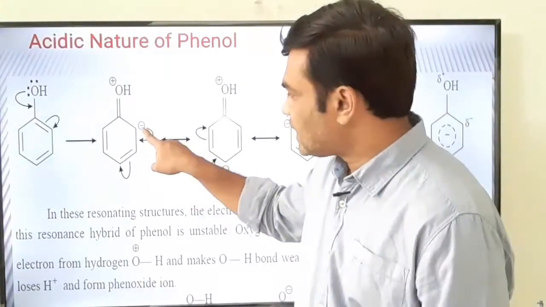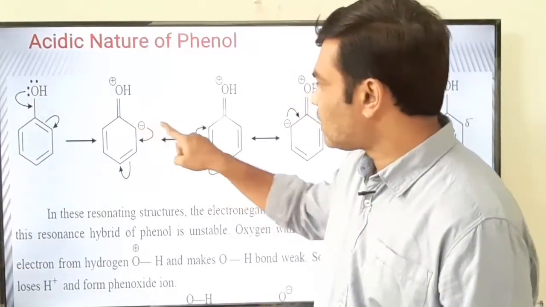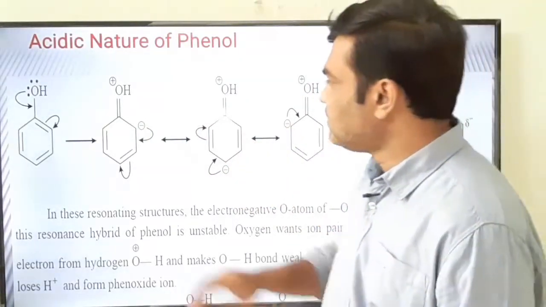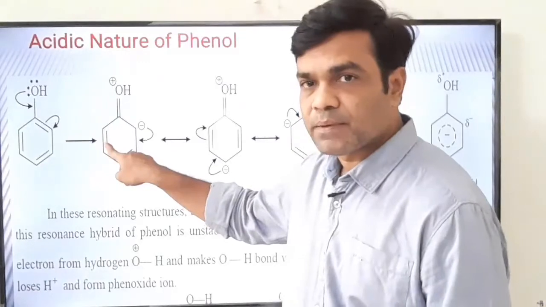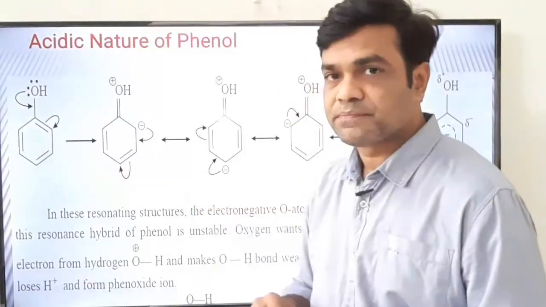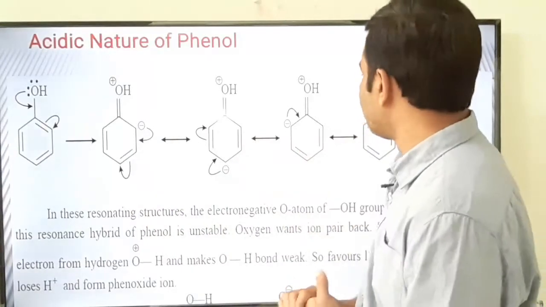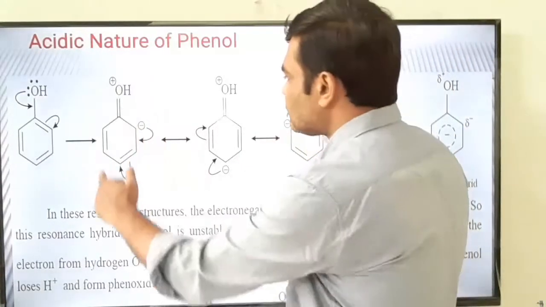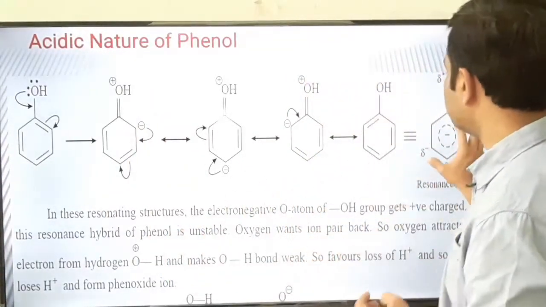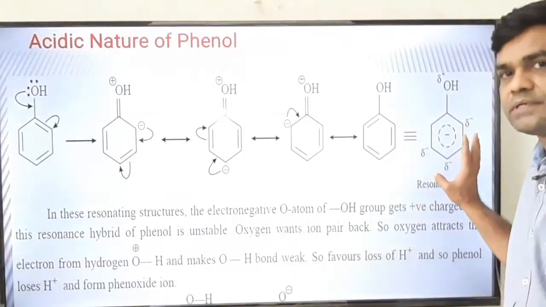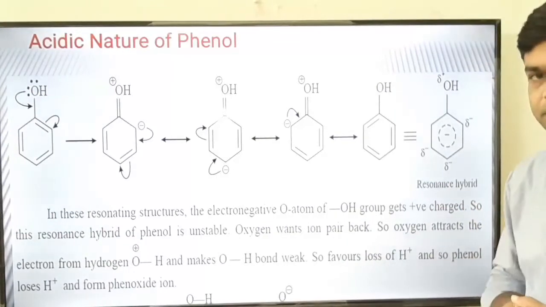So this negative charge you can see has moved from ortho to para and para to ortho again. Similarly, you can see the position of pi bonds is not fixed, they are continuously delocalizing all over the ring. So these three resonating structures can be written by using a single representative structure which is called a resonance hybrid.